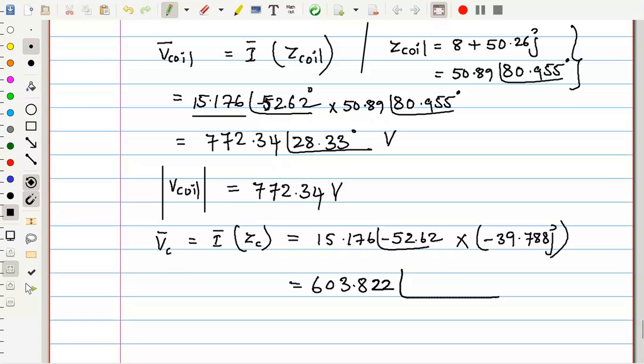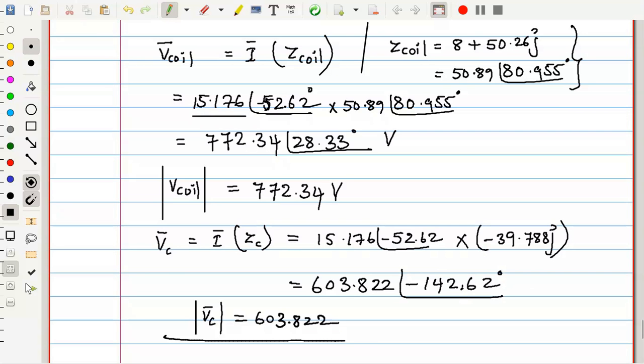All of you got the same answer? At an angle of minus 142.62 degrees. But what we need is only the magnitude. So VC magnitude is equal to 603.822 volts.